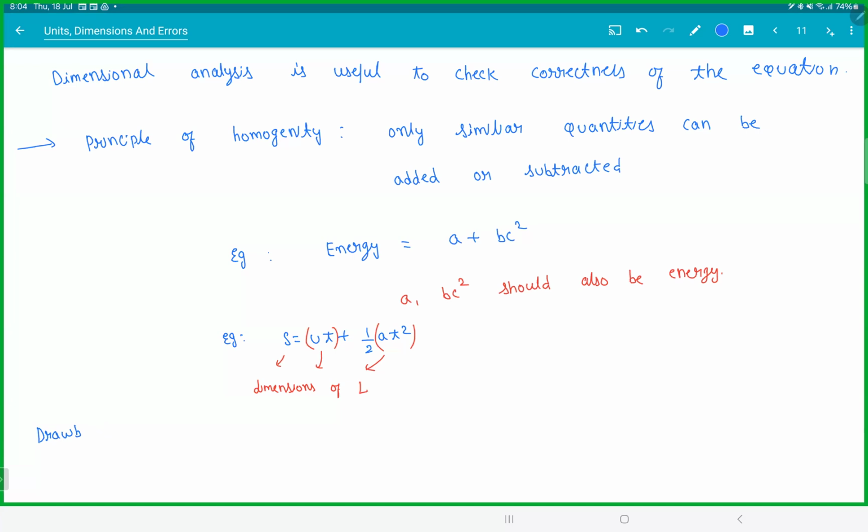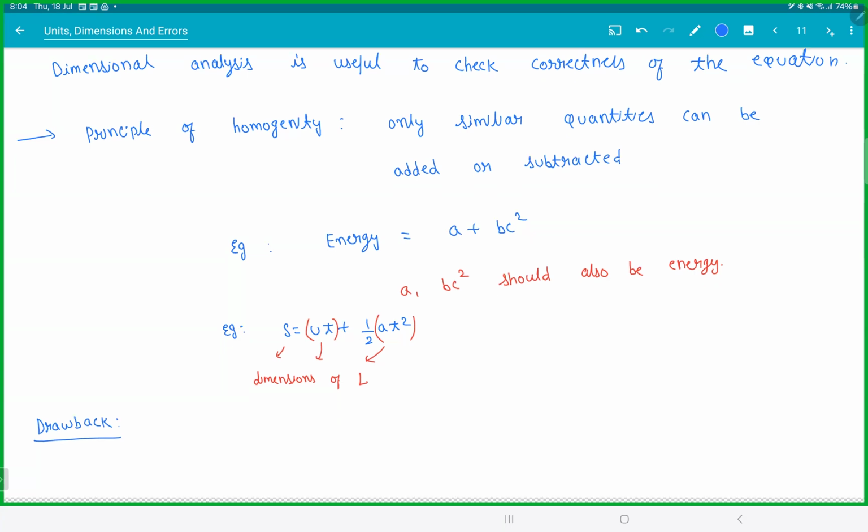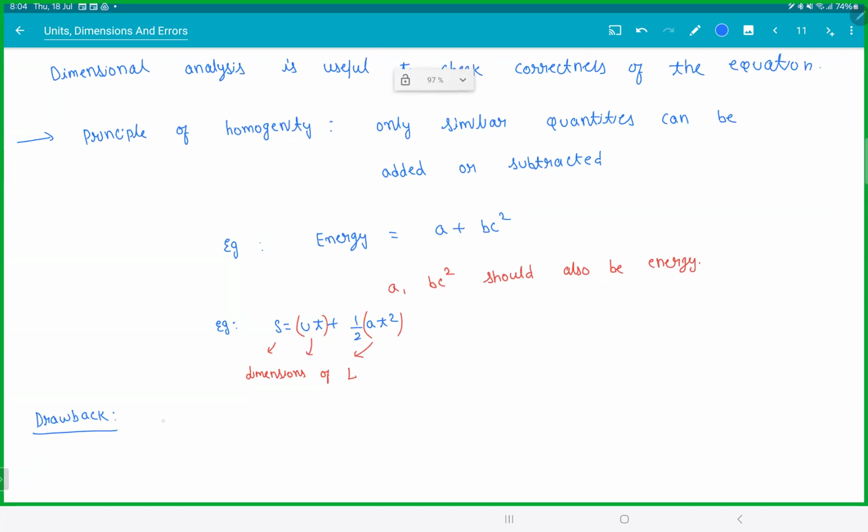Now, if an equation is dimensionally wrong, it is definitely wrong. But if it's dimensionally correct, there is no guarantee it is right. The problem is you cannot find the dimensions of the constants.